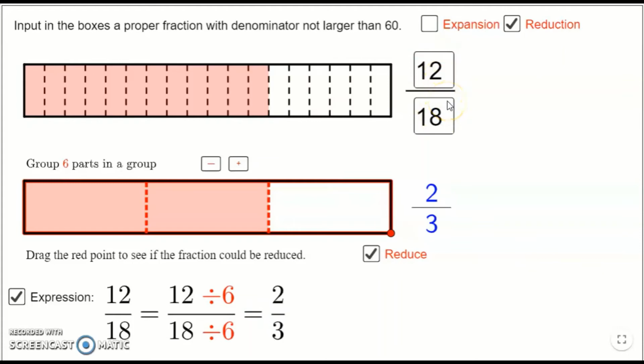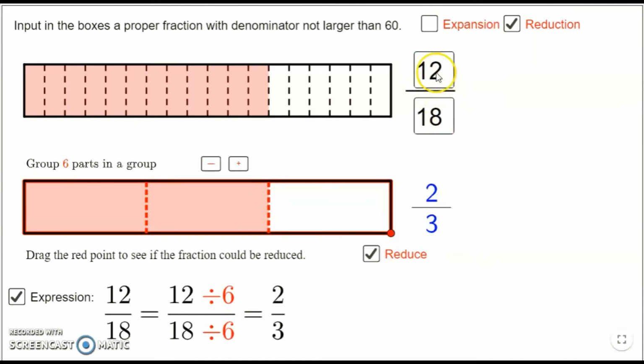That's the highest common factor of 12 and 18. 6 is the largest number that divides into both 12 and 18, and we can see that 12/18 is 2/3, and I have a simpler fraction.